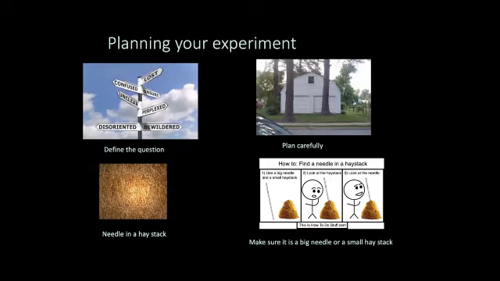The other thing you want to concern yourself with when you're doing routine morphology is planning your experiment carefully, and defining your question is the first step. When defining the question, I often get the answer, I want to see what it looks like.